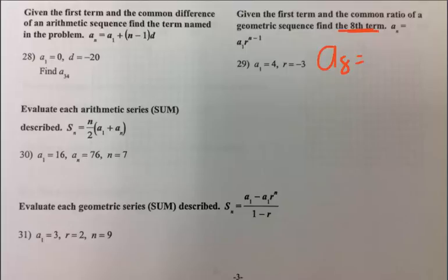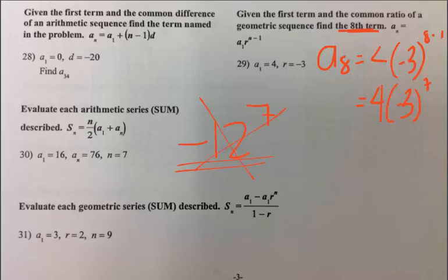This is geometric. I started on a 4. And every single time I multiplied by a -3. So if I want the 8th term, that must mean I raise it to the 7th power. I multiplied by -3 7 times. Again, type it just like that into your calculator. Do not do this, this is a no-no: -12 to the 7th. Nope.